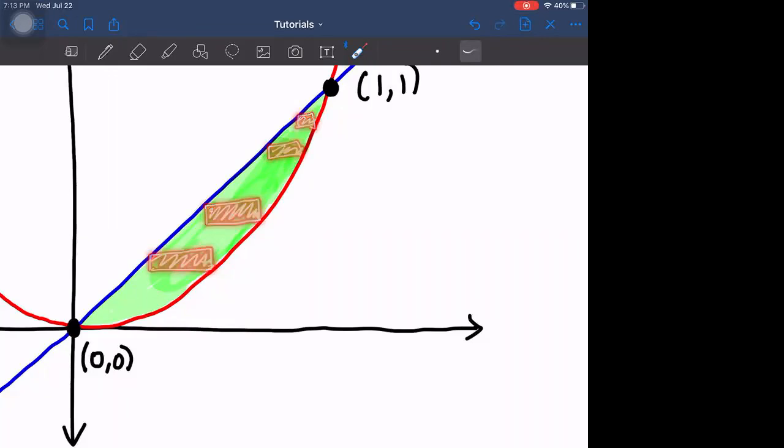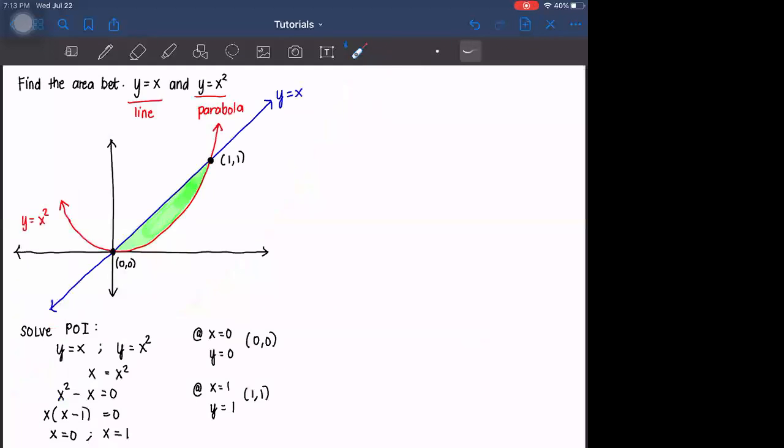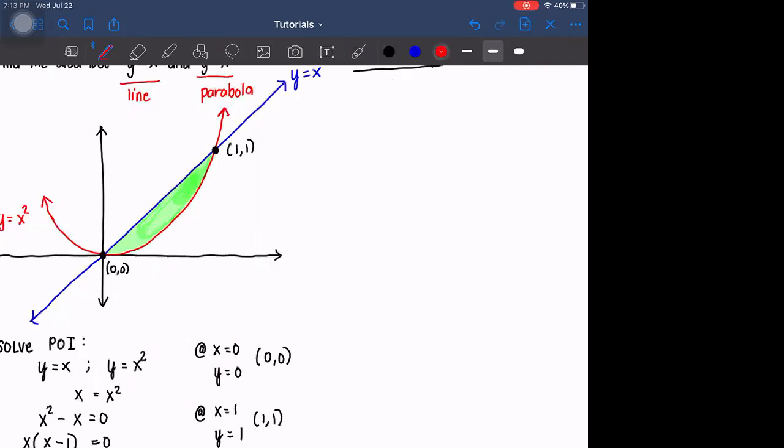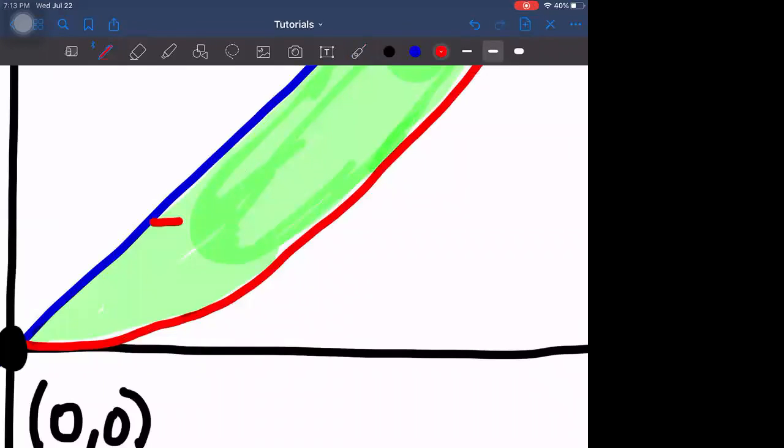So first, let's use a vertical strip of approximation. For the vertical strip, let me use red. So this is dx, and this is the height.